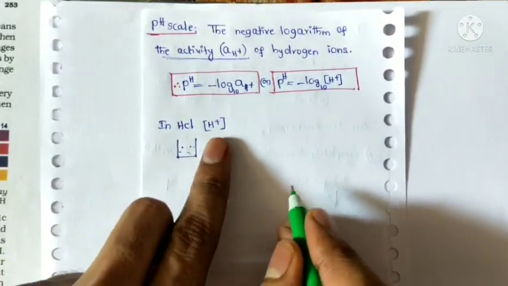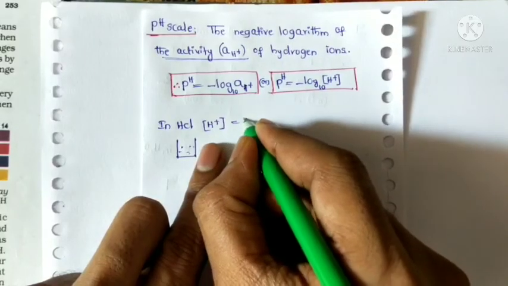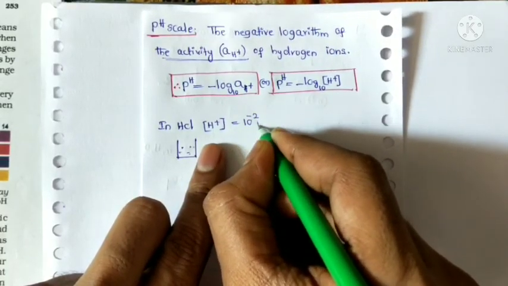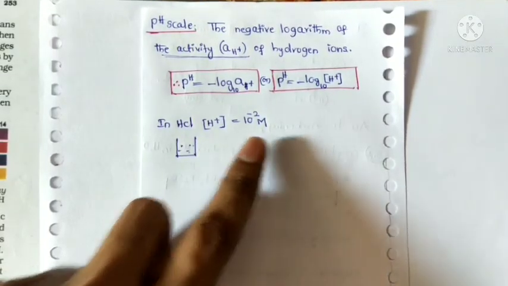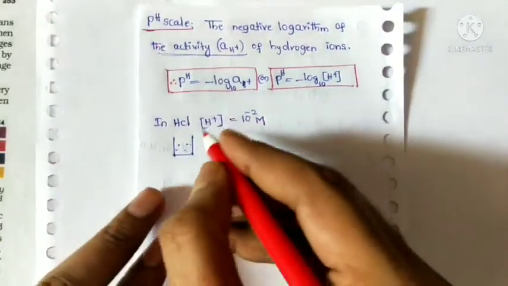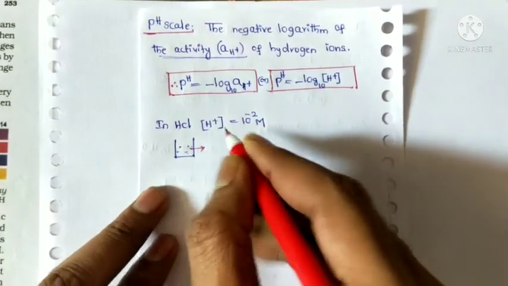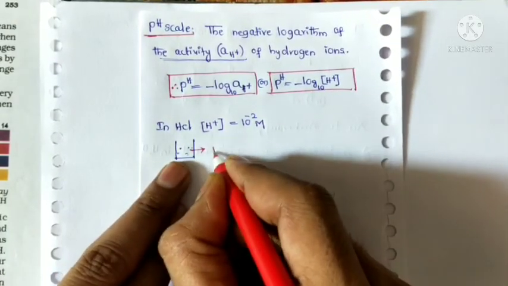In this solution the H plus ion concentration is 10 to the power of -2 molar. So now find out the pH value. How much is the pH of this solution?